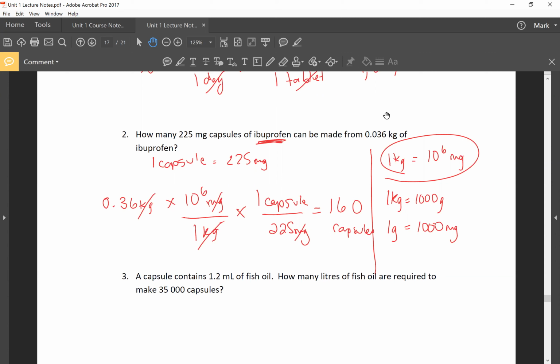Again, if you guys can't see the chat, the chat message says, when we convert from a small unit to a big unit, don't we divide? Yes. In this example, we're going from a big unit, kilogram, turning it into a smaller unit, a milligram. So we're multiplying. Oh, and yes, somebody in the chat just helped me.